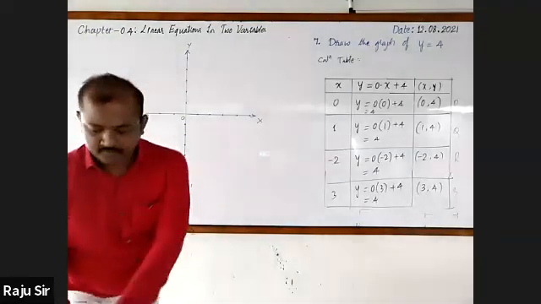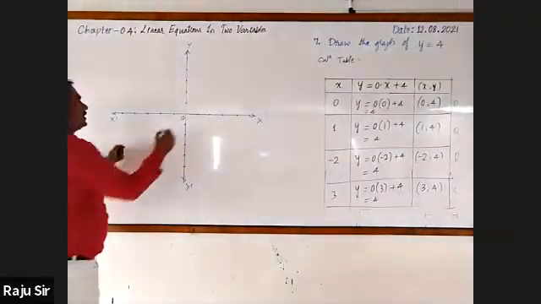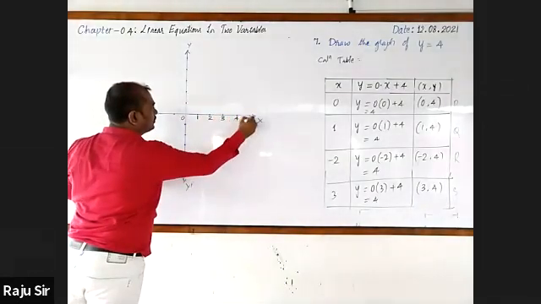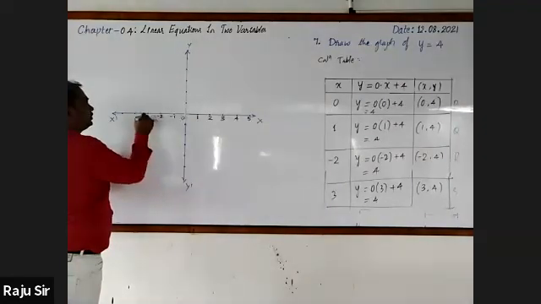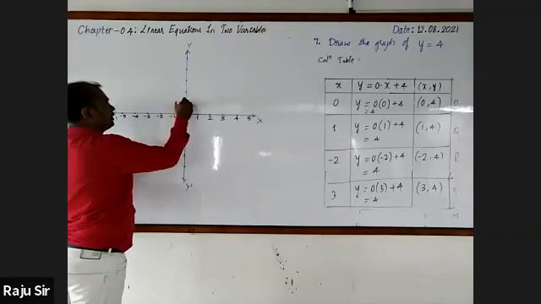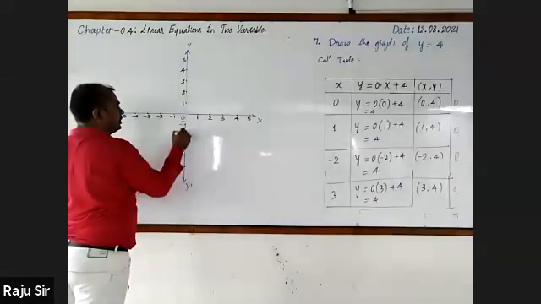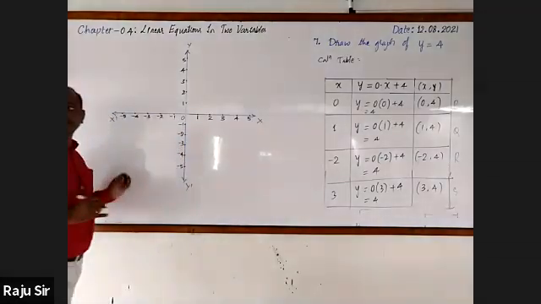Yes, right. The numbers on the right side of 0 are positive: positive 1, positive 2, positive 3, positive 4, positive 5. The left side are negative: negative 1, negative 2, negative 3, negative 4, negative 5. Above 0 are positive: 1, 2, 3, 4, 5. Negative 1, negative 2, negative 3, negative 4, negative 5.